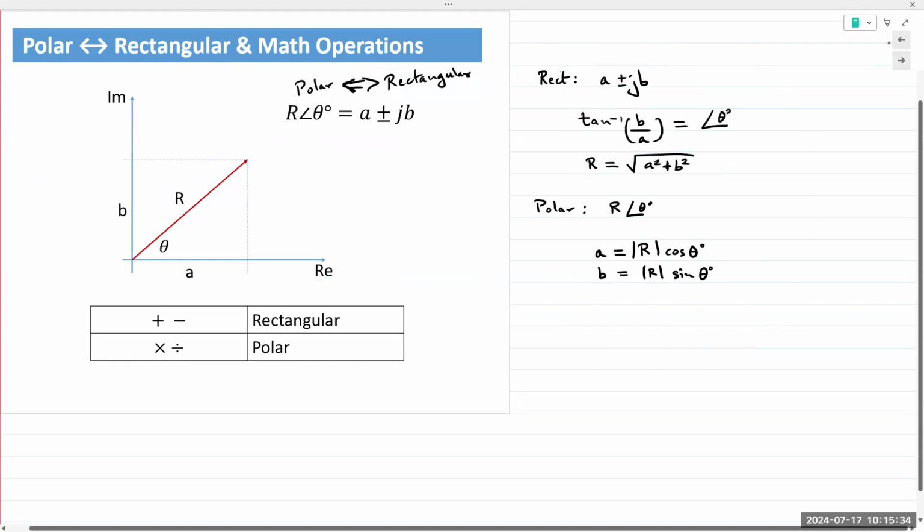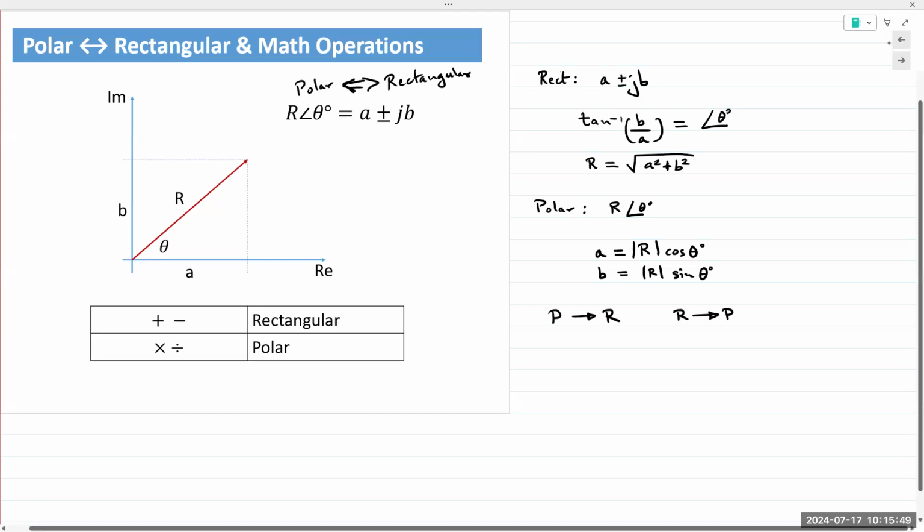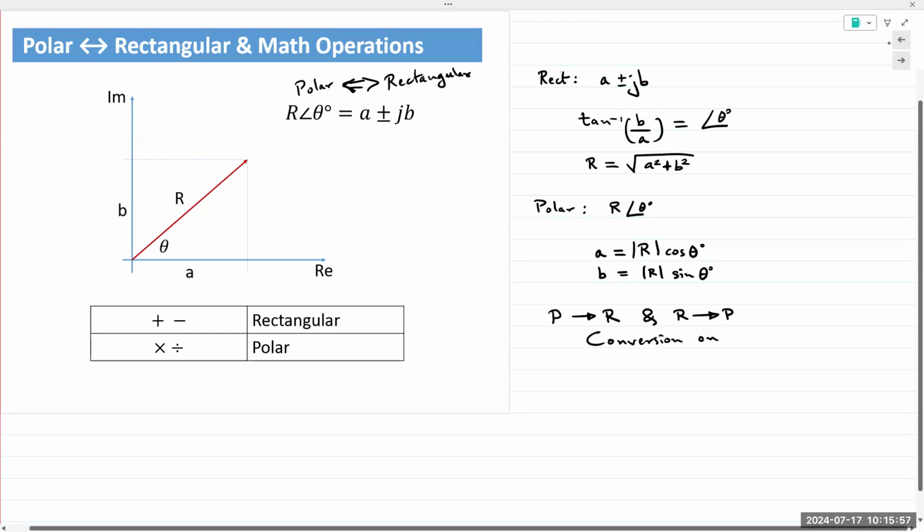Even that can be simplified because most engineering or scientific calculators are able to perform a direct conversion between polar and rectangular coordinates, and rectangular to polar coordinates. So, conversion on a calculator.